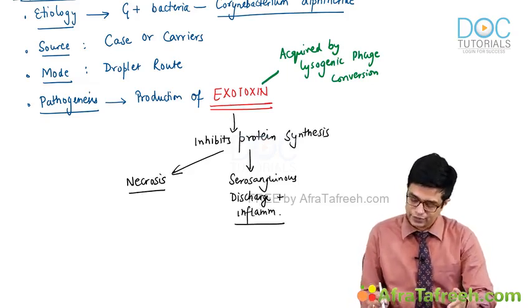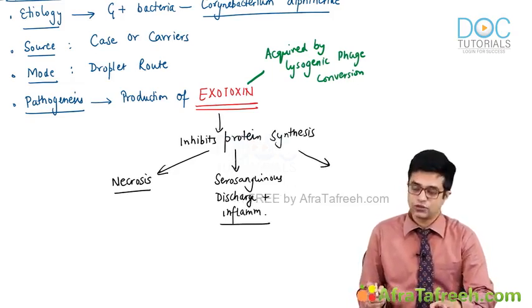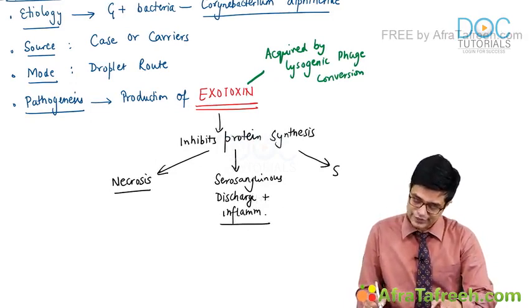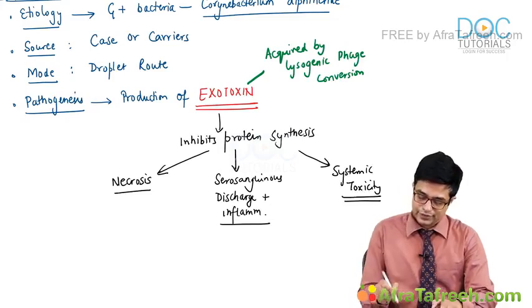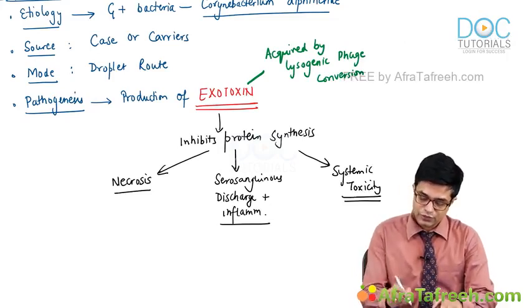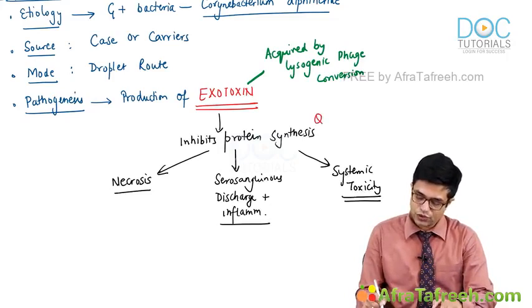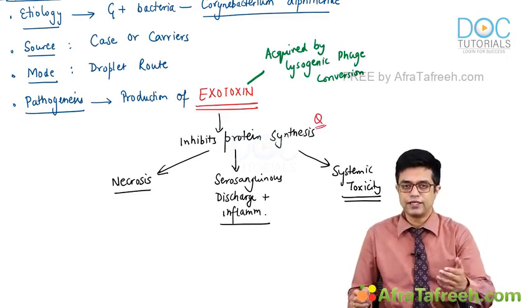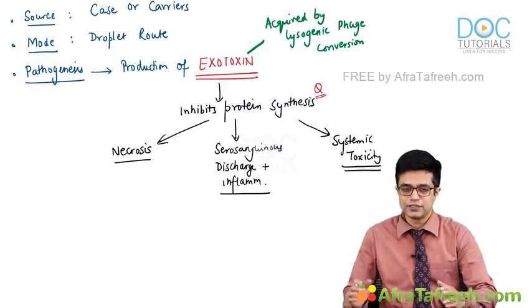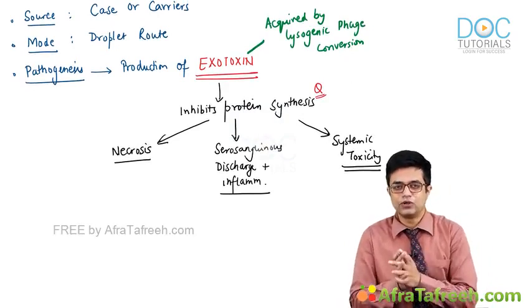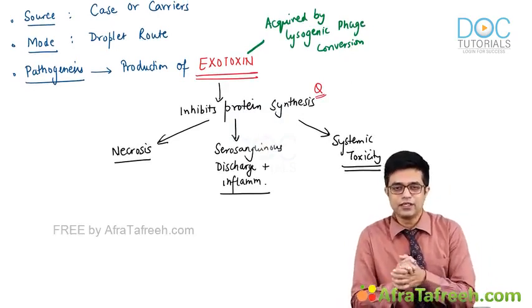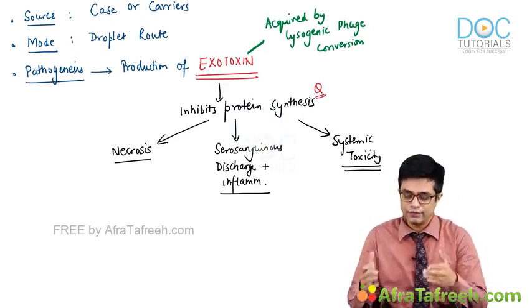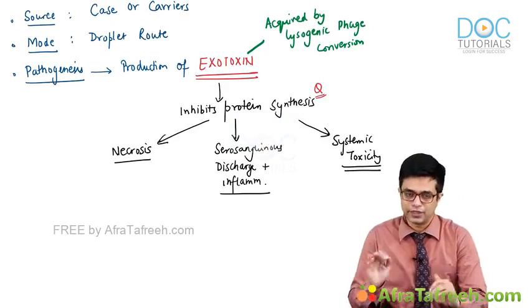And then through systemic action, this exotoxin can also produce systemic toxicity affecting various organ systems. That diphtherial exotoxin inhibits protein synthesis is an MCQ already asked in microbiology. Since we are discussing topics in a holistic, applied, integrated manner, whatever MCQ is relevant to our discussion, I will be marking it there.